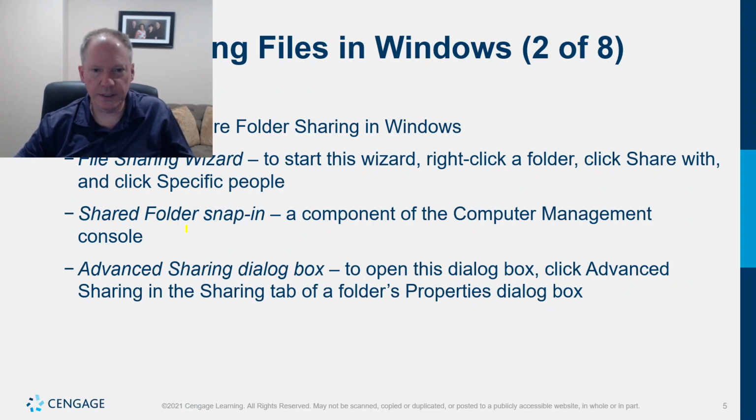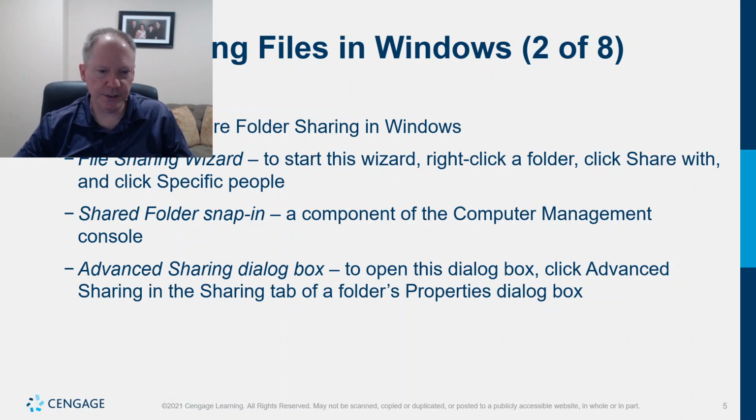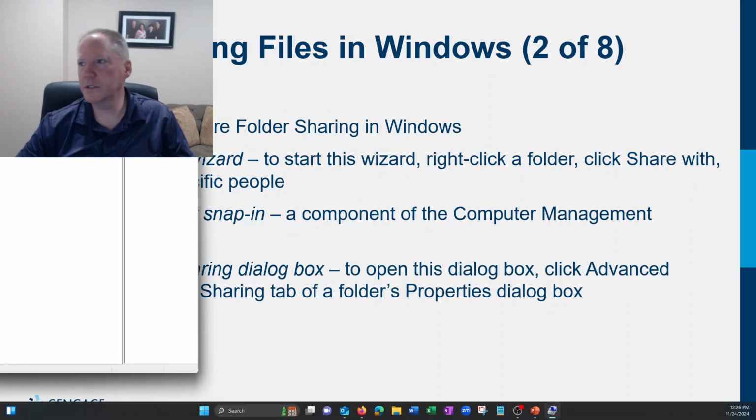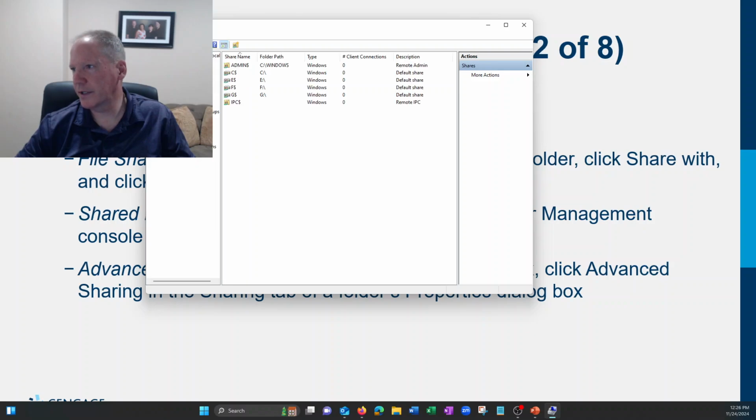Now with computer management, if you right click on start and then go computer management, and it's opening on my other screen so you can't see it, but once that opens, you can go to the shared folder, and you can create a new share here.